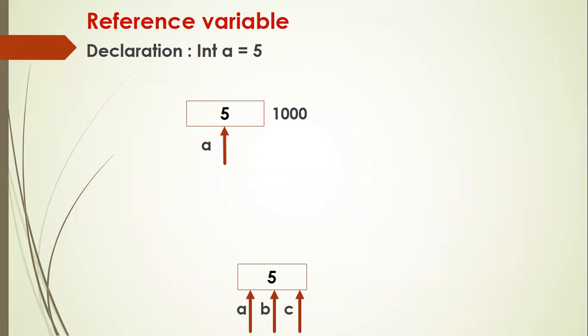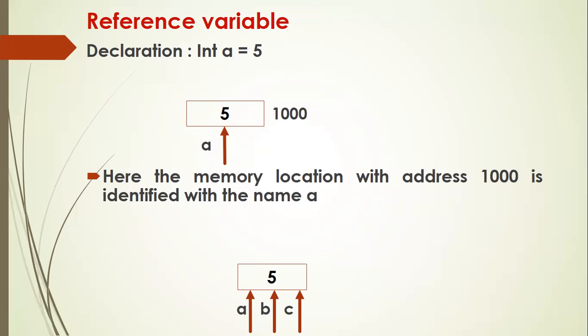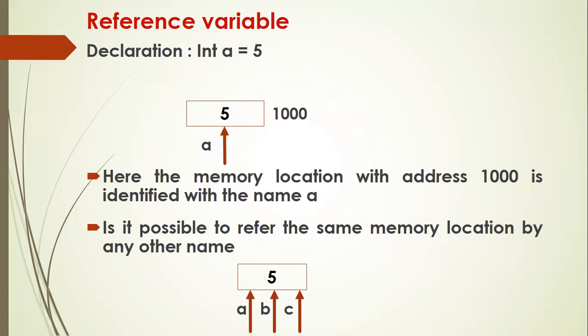So here the original name of the memory location is a. Now what I'm doing is the same memory location a is referred to by two more variable names called b and c. So now the memory location address remains as 1000. The original name of the memory location is a and the value is 5.